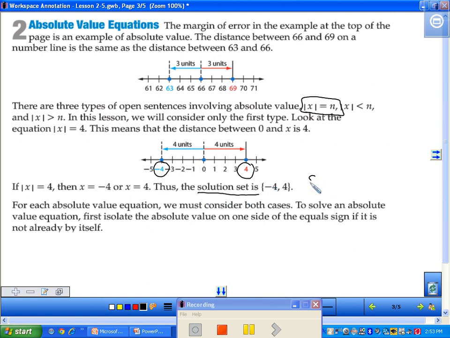Again, when you see these brackets, that's a solution set. For each absolute value equation, you must consider both cases, the positive and the negative. To solve an absolute value equation, first isolate the absolute value on one side of the equal sign if it is not already by itself. And we're going to look at some examples.